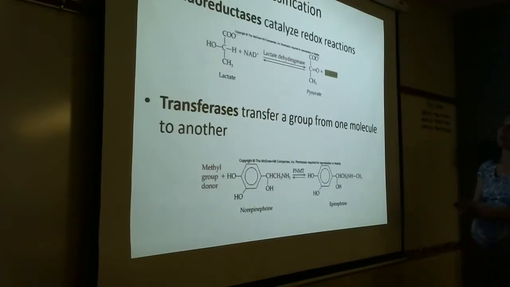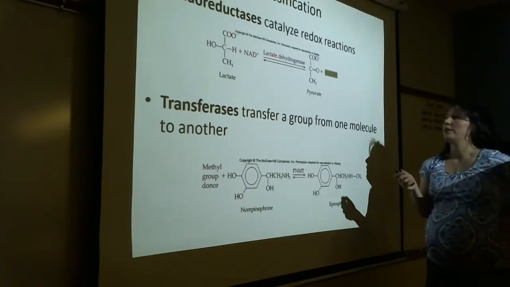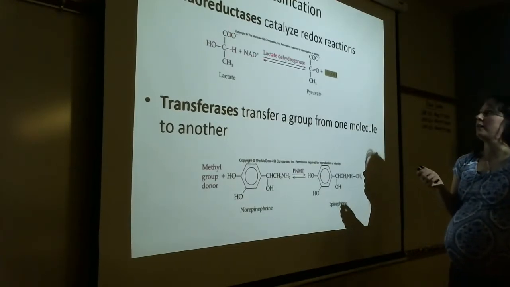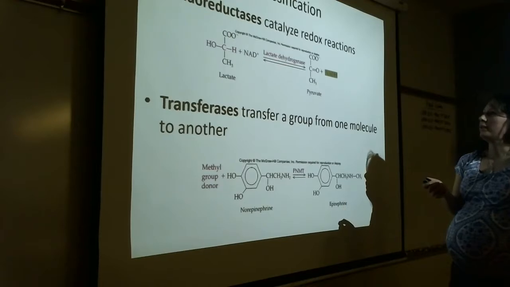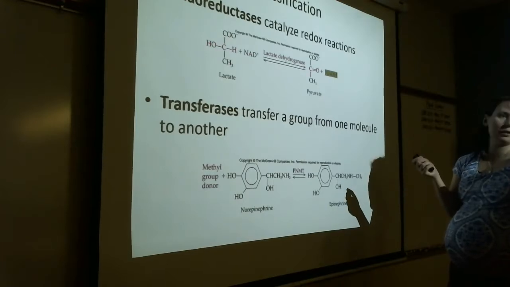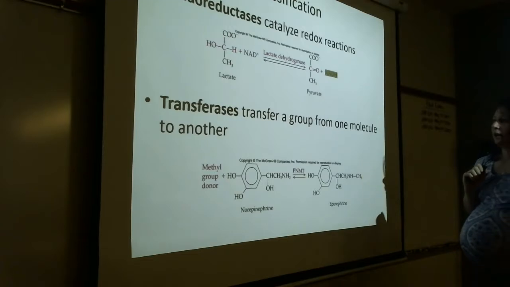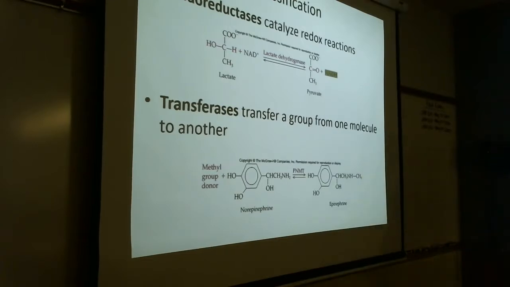Here's an oxidoreductase, right? So there's the protein that's fused here. And so what you're doing is you're carrying out an oxidation here, right? There's the alcohol being oxidized. Transferase is moving a functional group around, right?